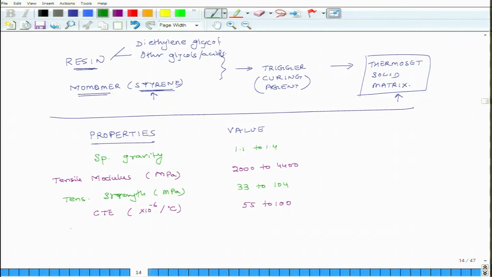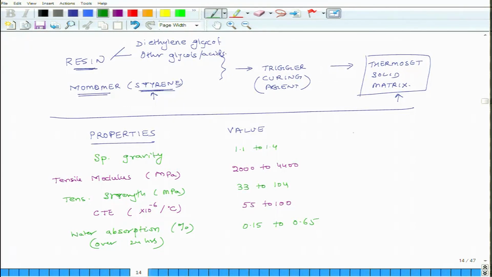The last one is water absorption, in percent, over 24 hours. Okay. You put something in water for 24 hours and see how much water is absorbed. It will absorb anywhere between 0.15% to 0.65%.